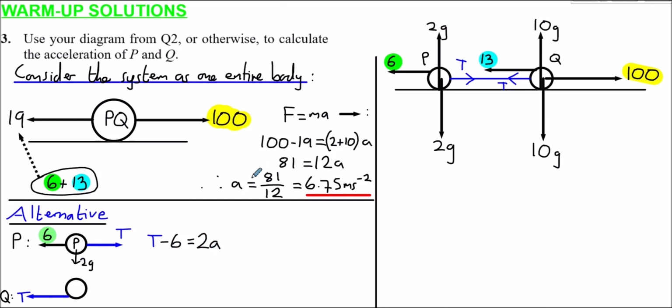Obviously I know we have found it out, but I'm imagining if we had gone this route, we wouldn't know the acceleration of the system yet. Whereas at Q, holding it back is this tension force here, and also the resistive force of 13. So I need to also add on 13 for Q. And driving it forward is this 100 Newton force.